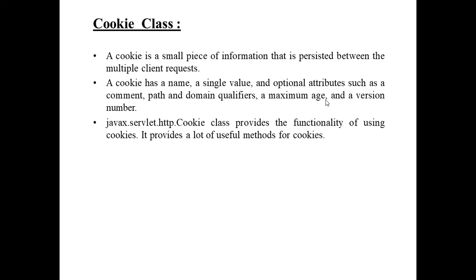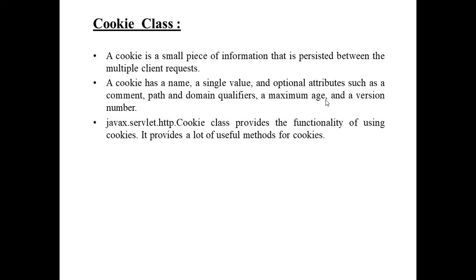First, see what the Cookie class is. A cookie is a small piece of information that is persistent between multiple client requests. A cookie is a small piece of information that is stored in the client machine.